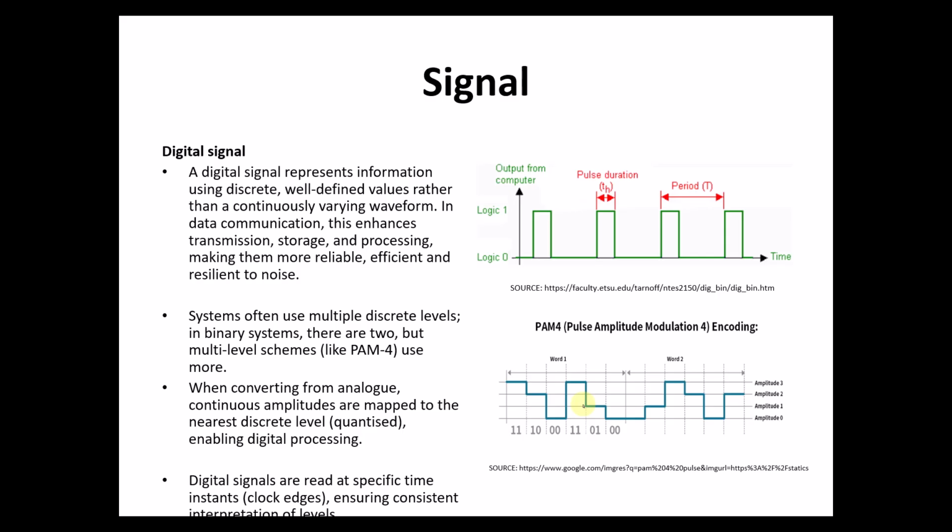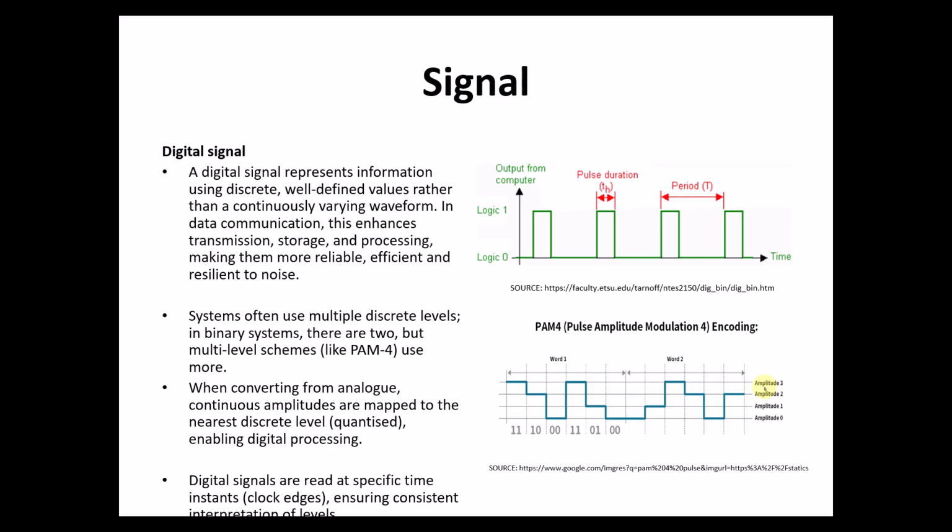But there are other systems like pulse amplitude modulation 4, which uses more levels. So for instance, amplitude level 0 can be represented with 0, 0, and it is the off state. Amplitude level 1 can be a low state, amplitude level 2 can be an on state, and amplitude level 4 can be a high state.